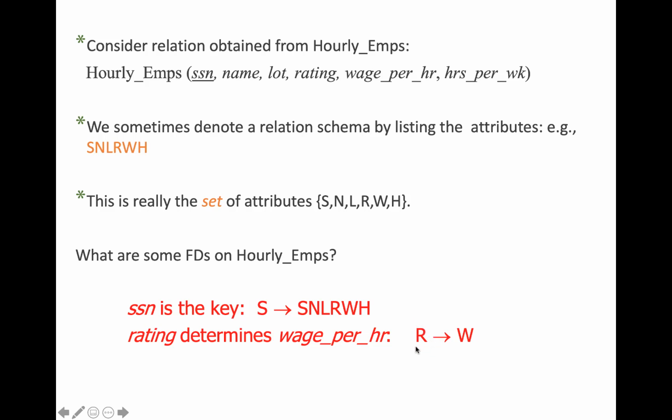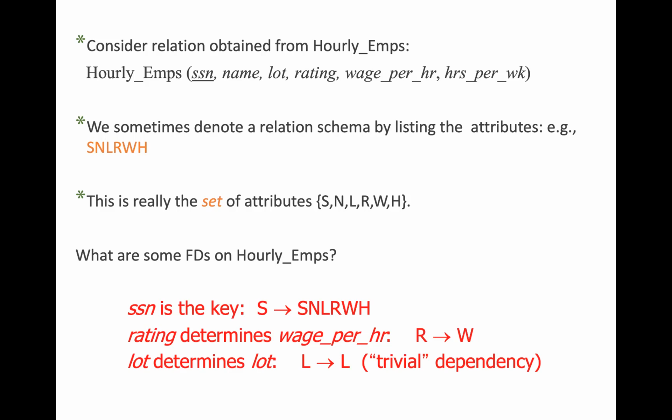The rating of the employee determines the wage that he gets per hour. And this is a functional dependency that we need to remove because it's going to cause a problem. Another functional dependency that's trivial is that every attribute determines itself.